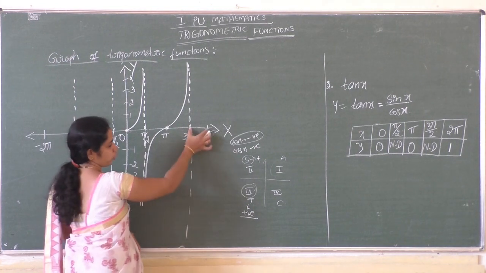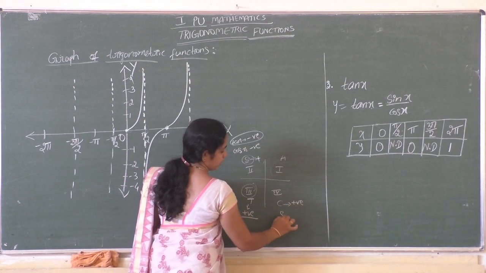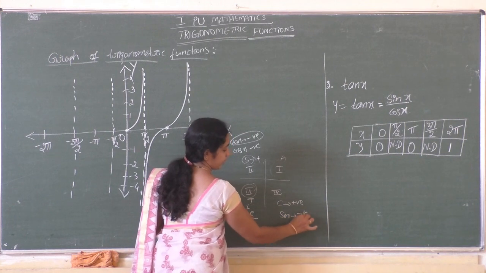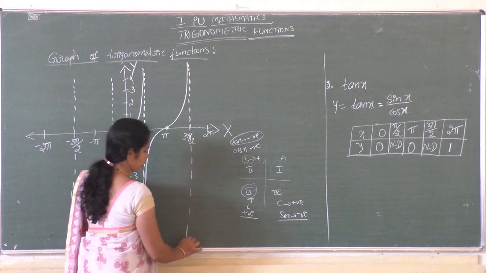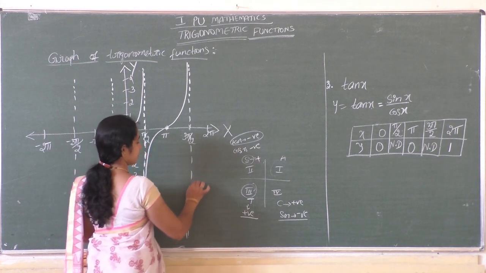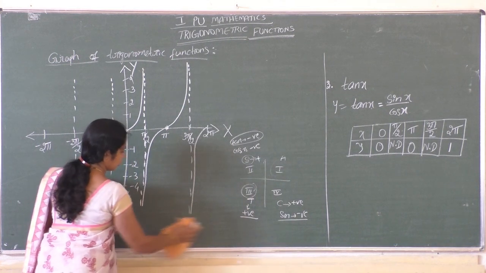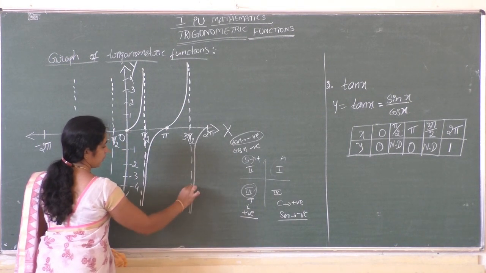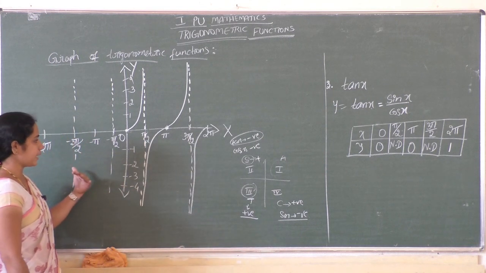Okay? Now fourth quadrant. Fourth quadrant only cos is positive, that means sine is negative. So tan is negative, so it goes from minus infinity to 0. Same thing repeats here.